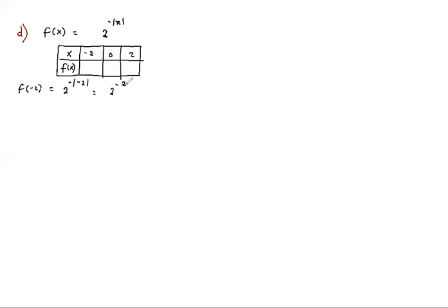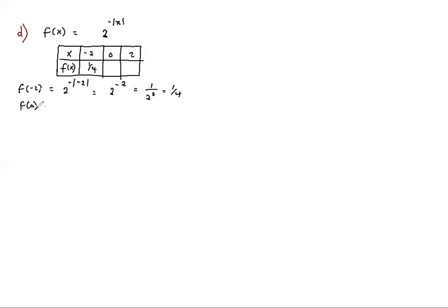So when you take the negative 2, it will go inside the modulus and make it a positive number. It will come out as a positive, then it will find the negative. So you have 1 over 2 to the power 2, which is 1 over 4. So we have 1 over 4.